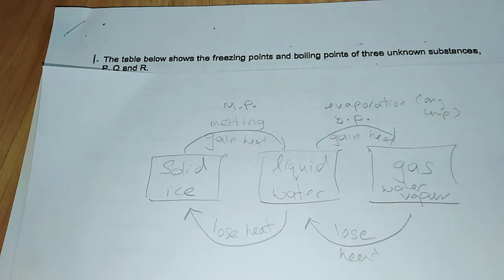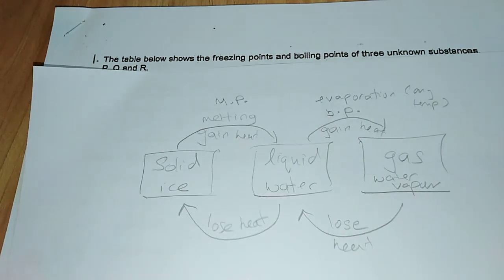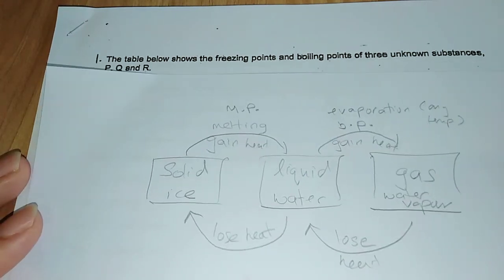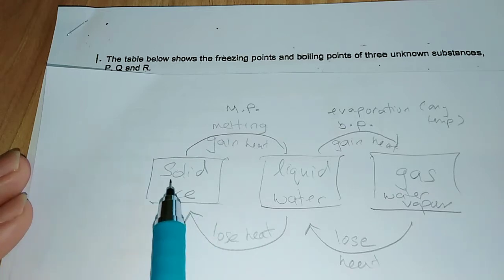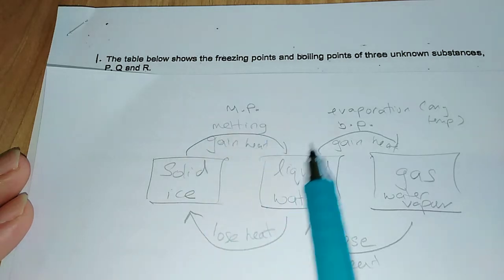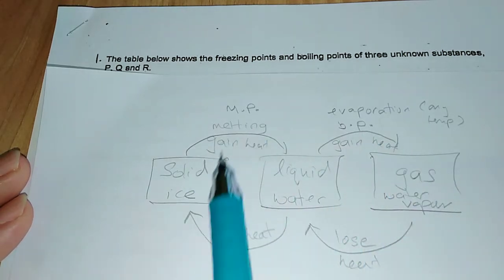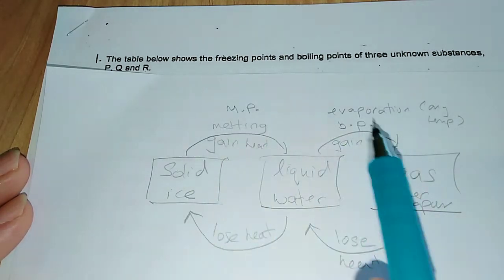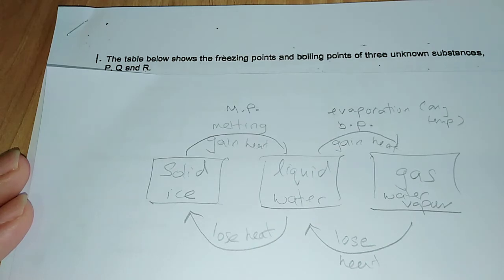So that's when it's boiling. Now for the P4s, your main thing you need to learn is regarding solid to liquid to gas. It involves a gain in heat here and a loss in heat here. These terms such as melting point, evaporation, boiling point are not necessary until your P5s. So for the P5s, please take note of these terms.